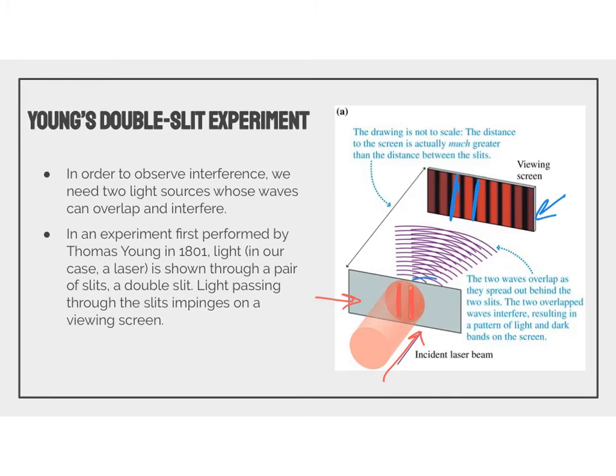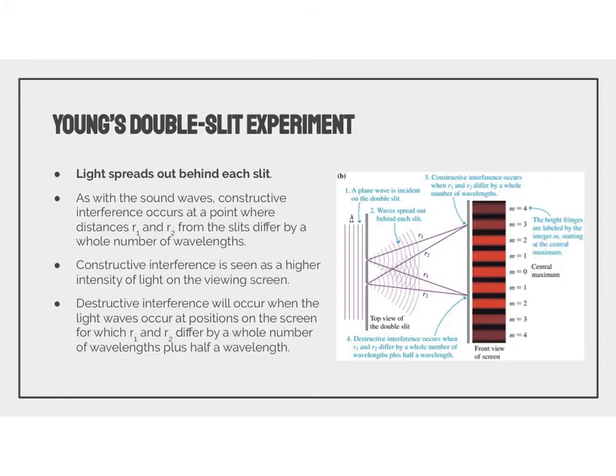We have these waves coming out, and anytime these waves meet each other perfectly, and that's where I'm drawing all these very nice dots, we get constructive interference. That constructive interference makes a bright image, or what we call a bright fringe, on the viewing screen. So that is super good evidence that light acts like a wave.